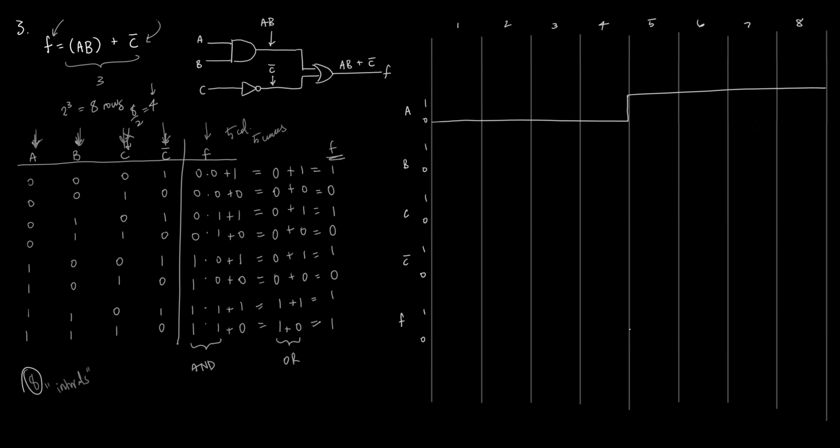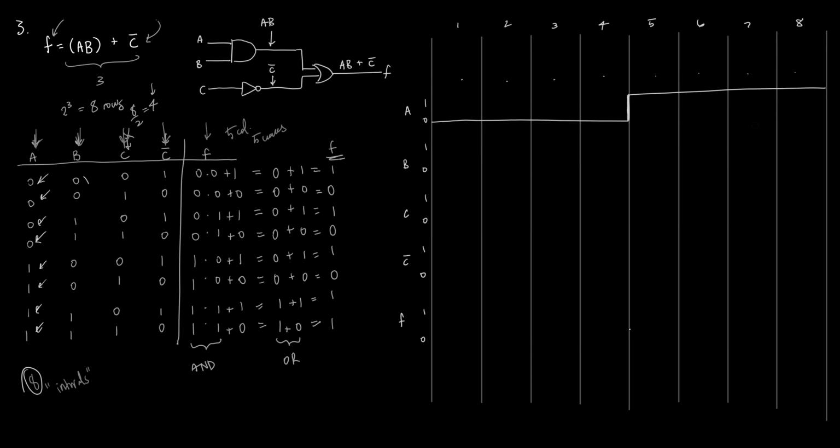Because what we've essentially done is split it down the middle in our truth table, and it's the same thing that we're going to do in our waveform diagram that represents the truth table. If you wanted to go row by row, then you can recognize that the first, second, third, and fourth rows are all 0, which corresponds to these 4. And then the 5th, 6th, 7th, and 8th rows are all 1, which corresponds to these 4.